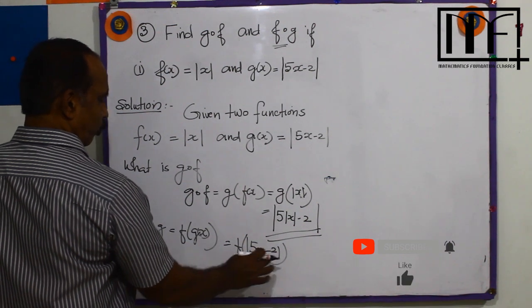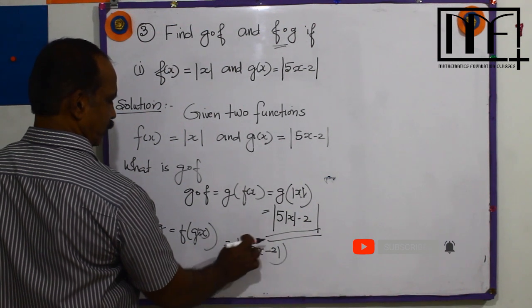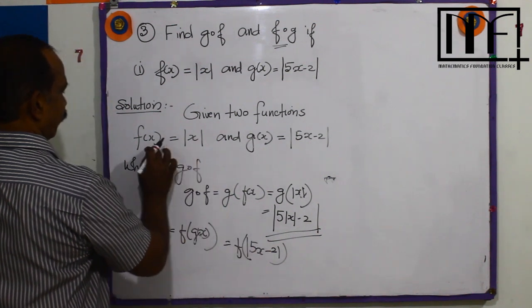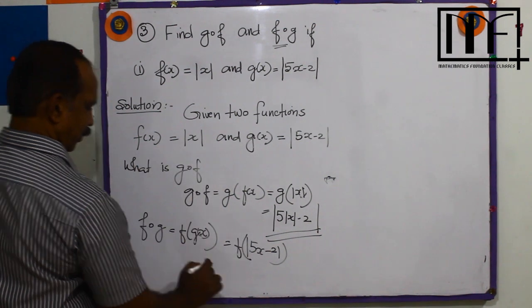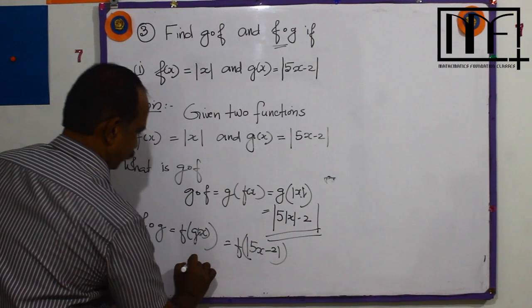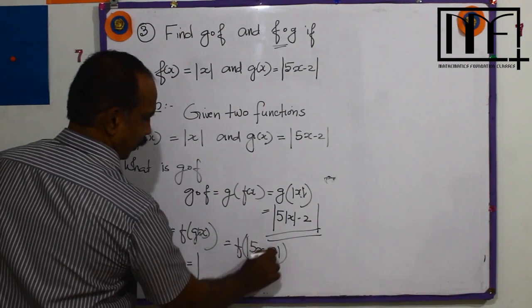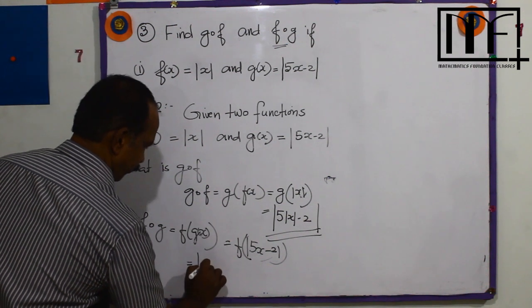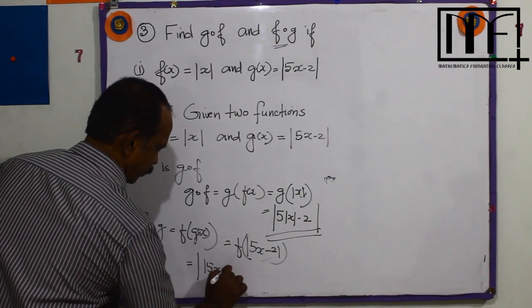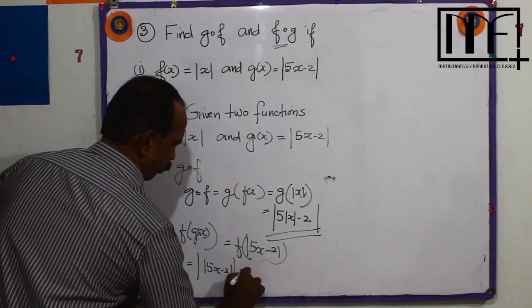Then f of modulus 5x minus 2: here the input is modulus 5x minus 2 and f of x is modulus x. Therefore this is modulus of, in place of x we replace modulus 5x minus 2, which is the same as modulus 5x minus 2.